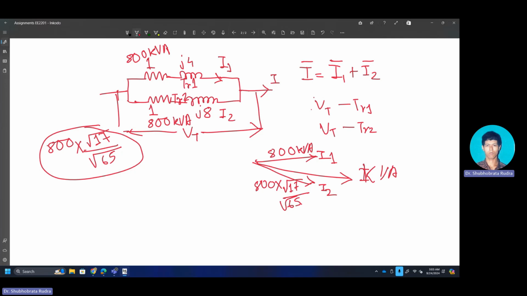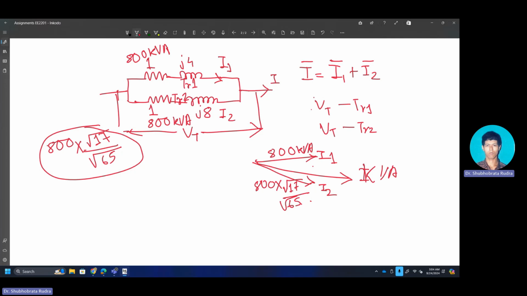So what we can conclude in a very layman, informal way is that the kVA transferred to these two transformers will maintain the same angle as the angle between the individual transformers' currents. kVA will also maintain that kind of angle, and that is why, instead of figuring out the exact kVA, we are trying to find out the resultant current, and that resultant current will give me this. So basically things are very simple.